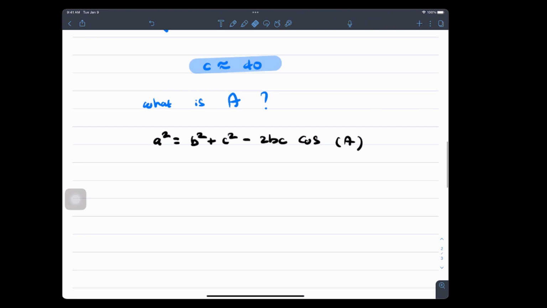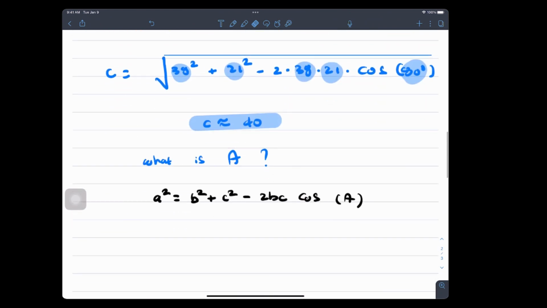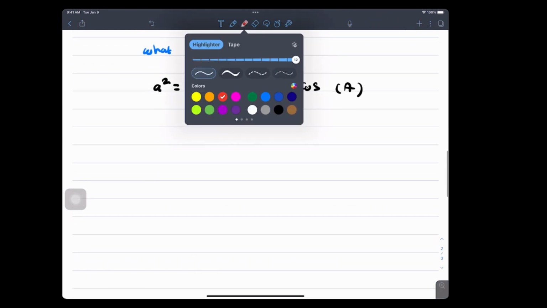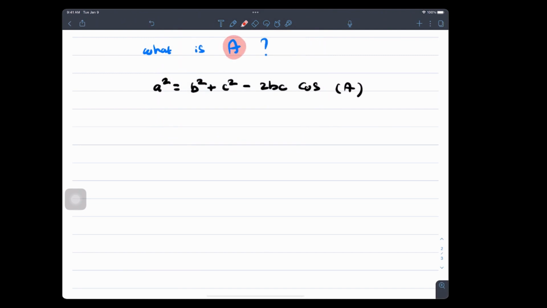And if I said, what is a? Let's color that red. Yeah, it is red. What is the angle? Here's what your book is going to suggest for law of cosines. Because everything else is given to you. Is that true?